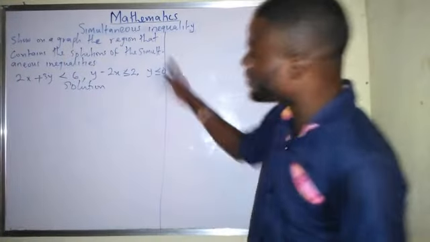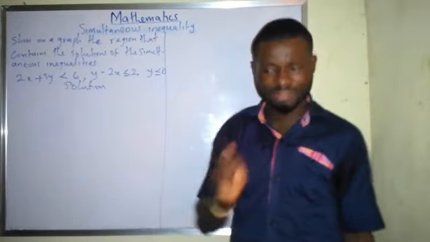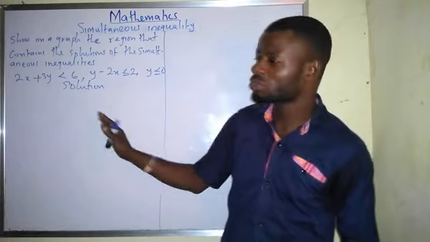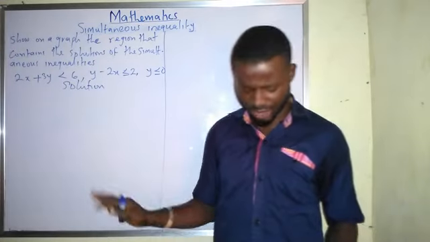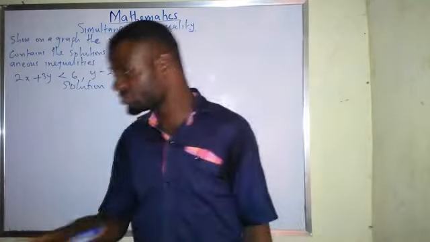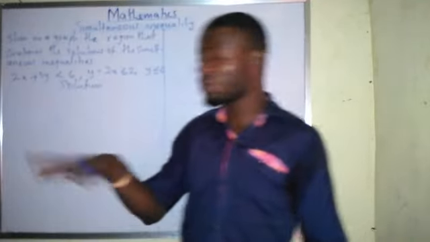When you are showing your region, make sure your region is shaded very well. Use a very sharpened pencil. I'm just sketching here, I'm not plotting here, but those things I said are very good when you are plotting on the graph. This particular topic is very common in JAMB, GCE, and WAEC, so make sure you follow the steps.